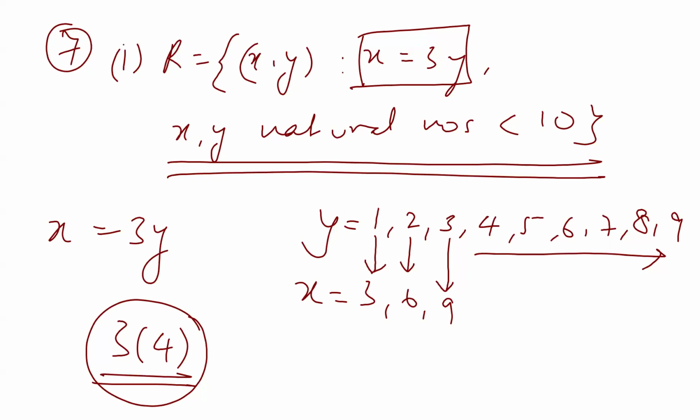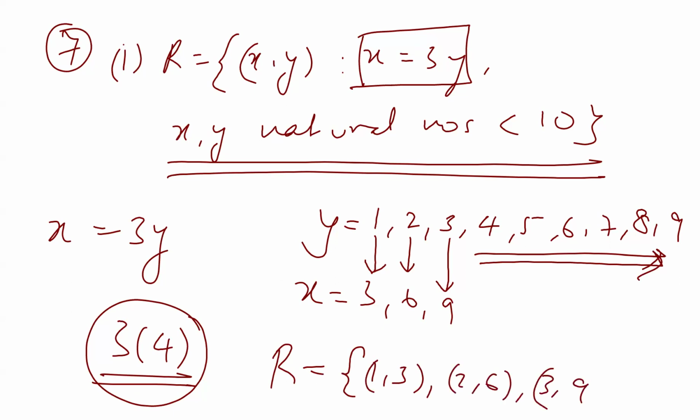So whatever value of y we put that is greater than 3, the x value will be more than 10. So only 3 ordered pairs are possible over here. The ordered pairs are 1, 3, 2, 6, 3, 9. The domain is first component 1, 2, and 3. Okay, I think I have written in the wrong way. Sorry.